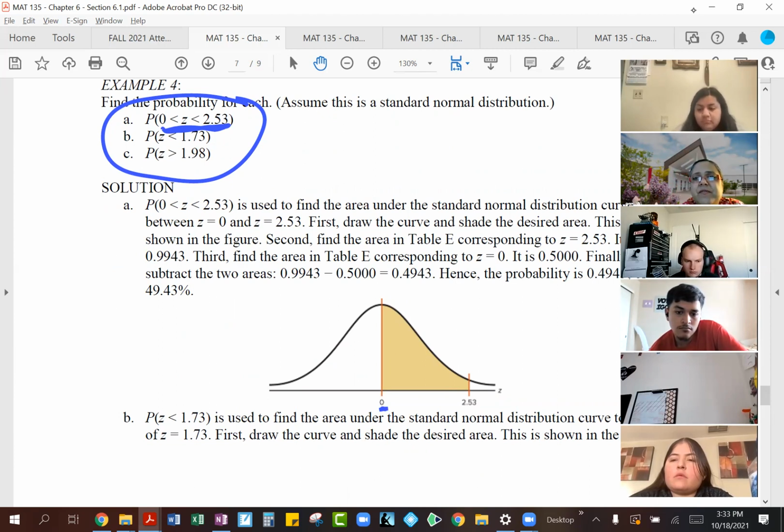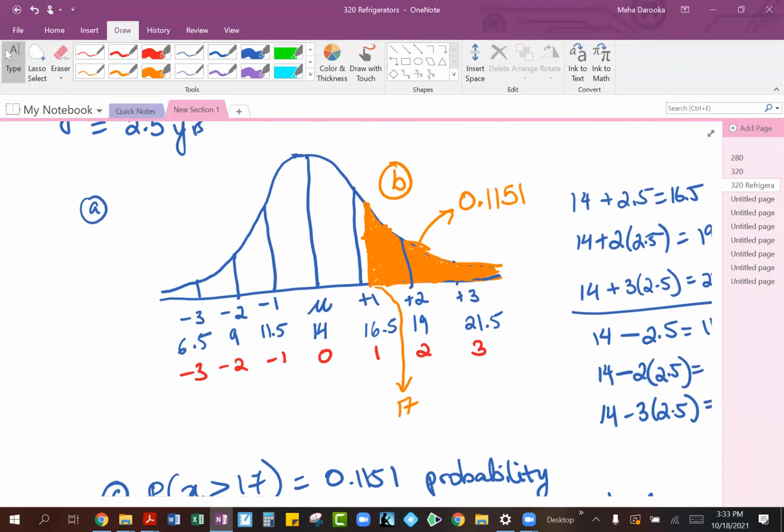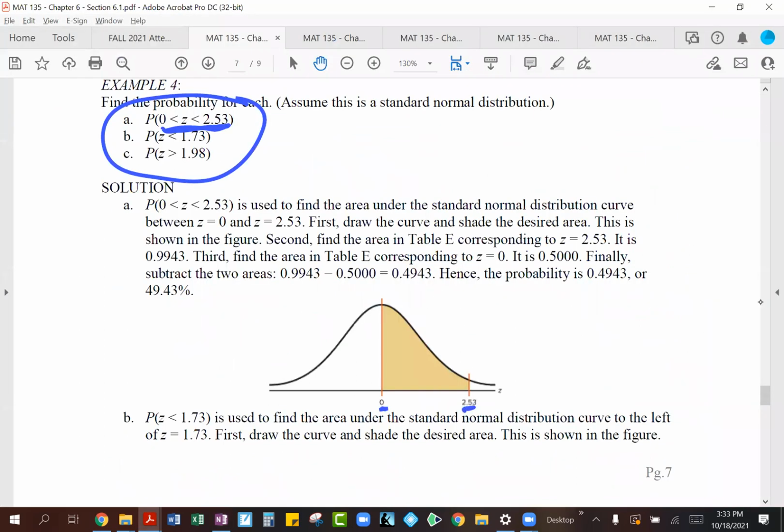So for 2.53, if I just had to show you that on this curve, it's going to be basically right here, halfway between +2 and +3 on our normal curve. So this is the area that we are interested in finding.